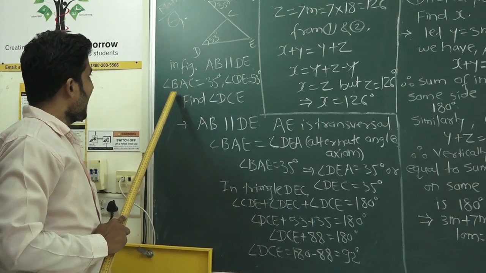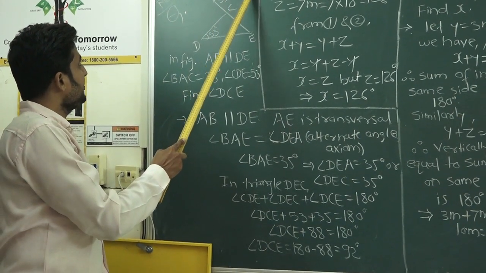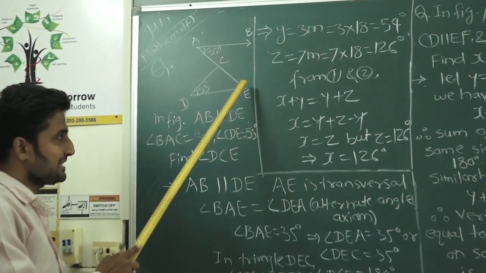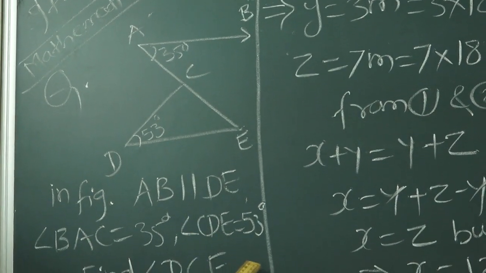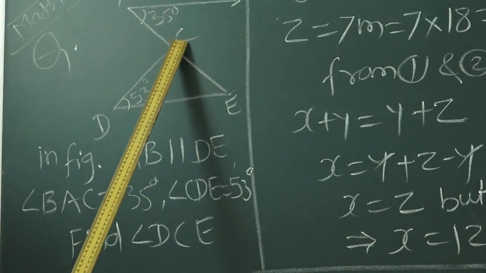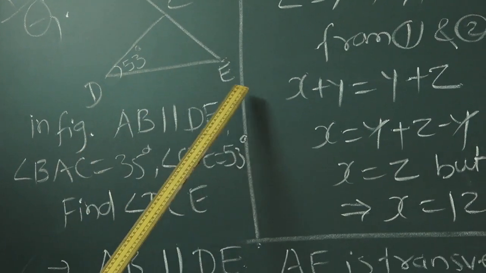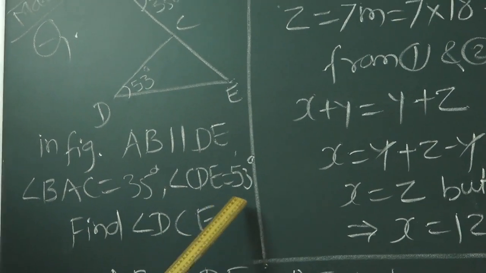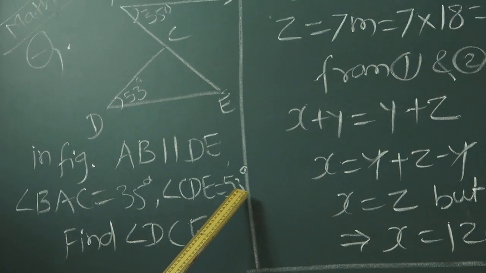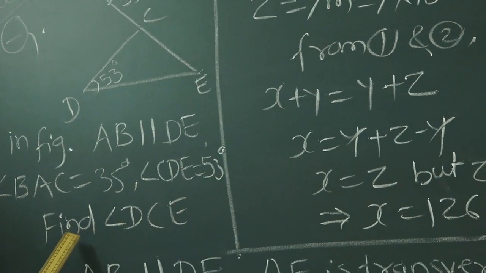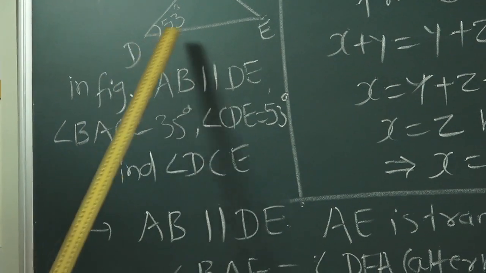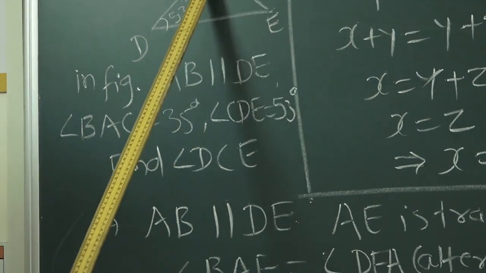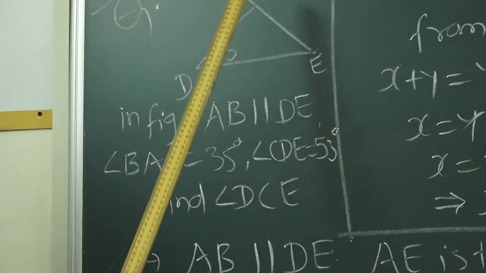It is given angle BAC is 35 degree, and angle CDE, where C, D, and E, is also given, that is 53 degree, right? And here it is asked to find the angle DCE. We have to find this angle, right?